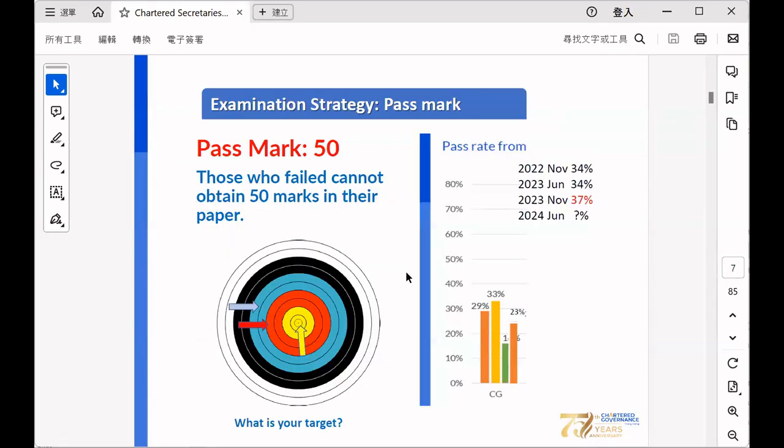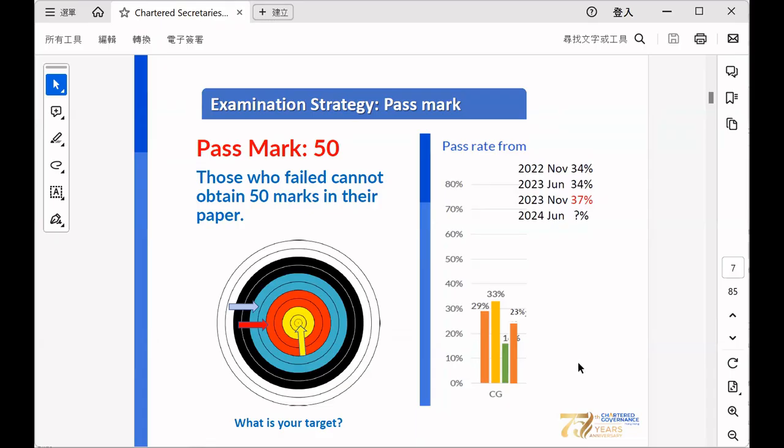So what is our target then? Our target is to get 50 marks. So in each of the questions, you would target at getting at least 15 marks, right? Or, yeah, half of 25 is 12.5.